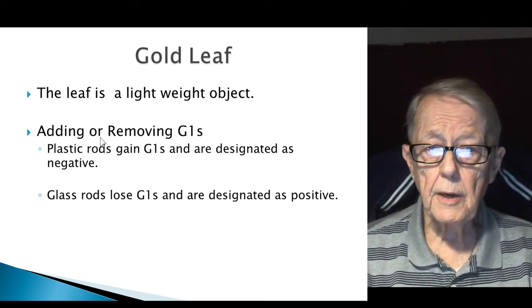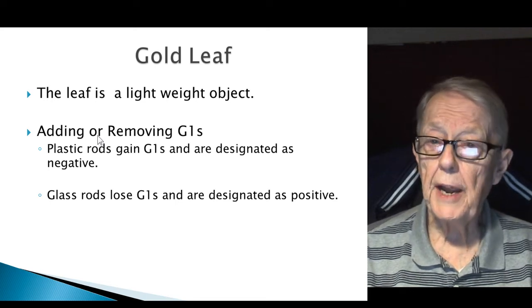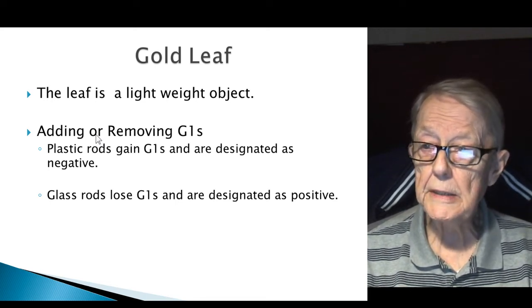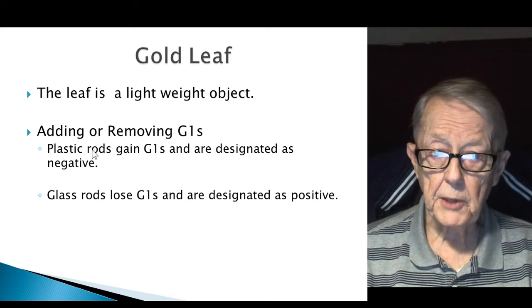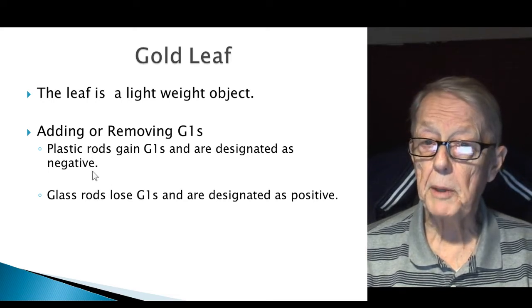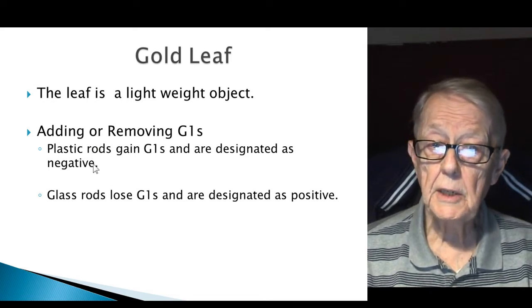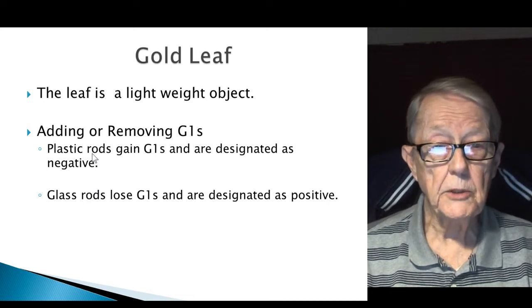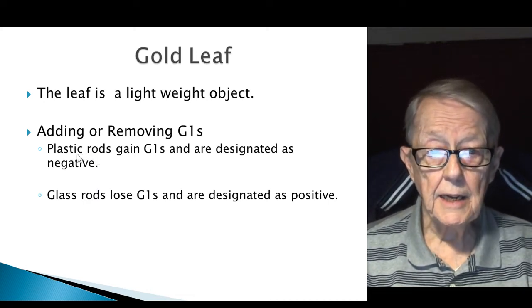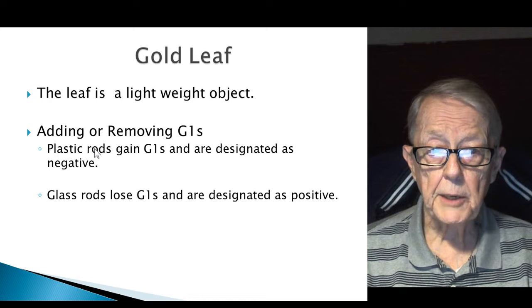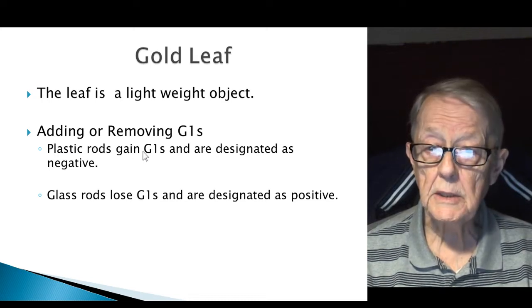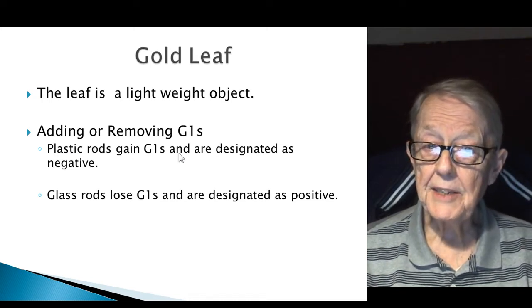When you use this, what you're going to do is add or remove G1s from a plastic rod or a glass rod. That's what people normally call charging. In the particle model, we're just adding, for example, plastic rods gain G1s and are designated as negative.